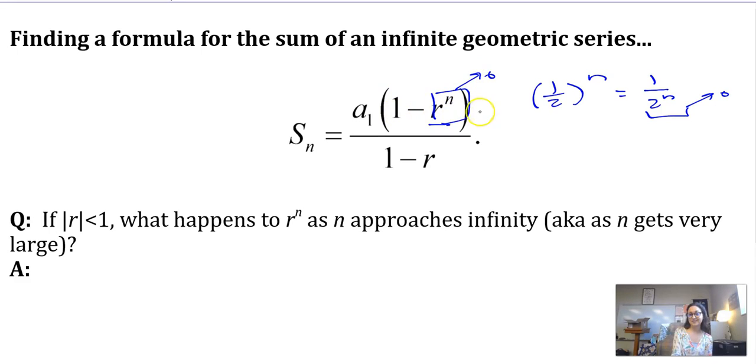And so the stuff in parentheses is 1 minus 0, which is 1. And so the numerator is just going to be a sub 1. So my infinite sum, if r is between -1 and 1, is just my first term all over 1 minus my common ratio, because the stuff in parentheses is all just going to simplify to 1.